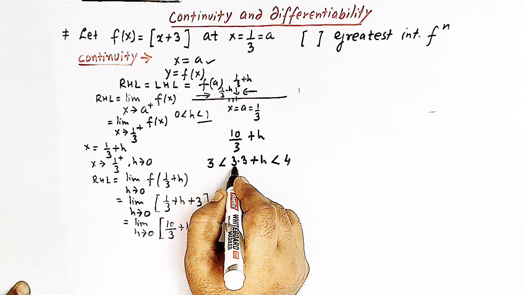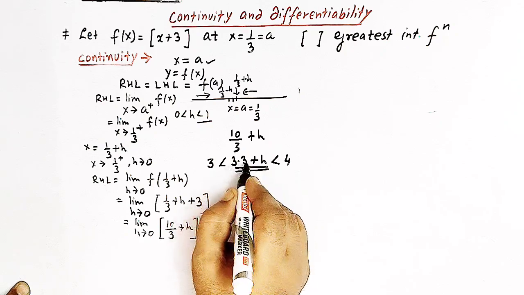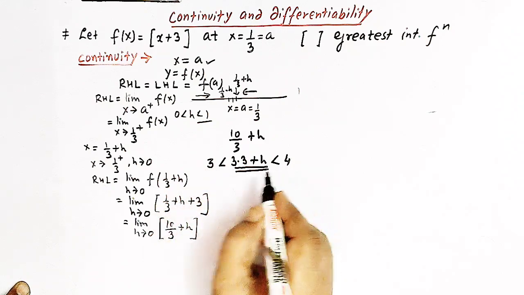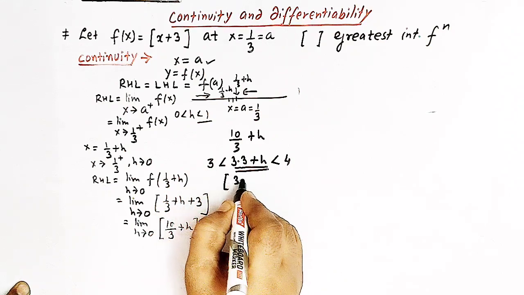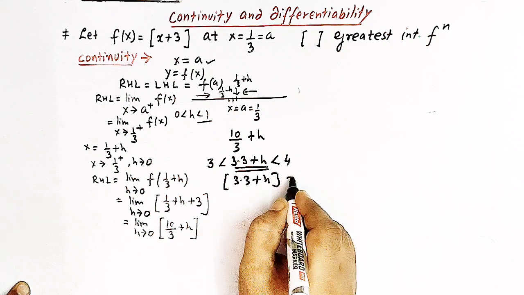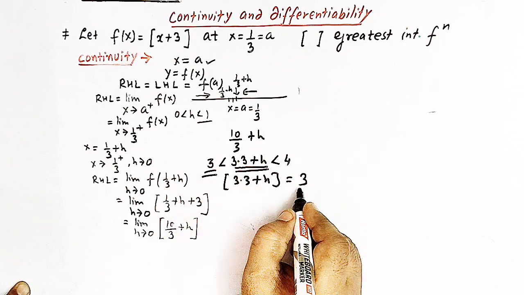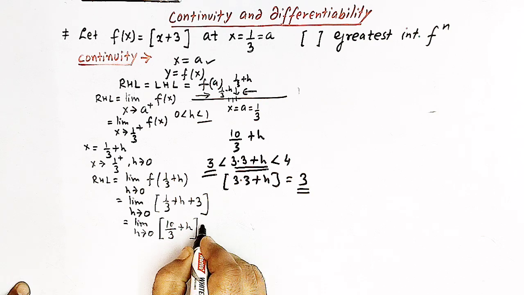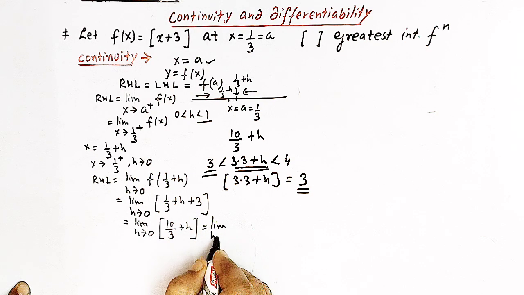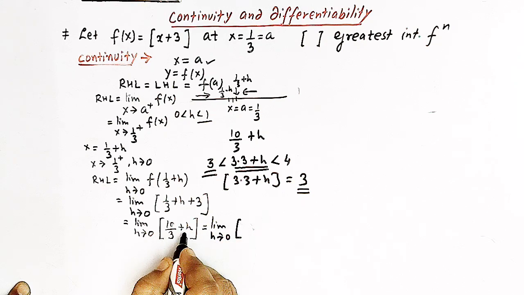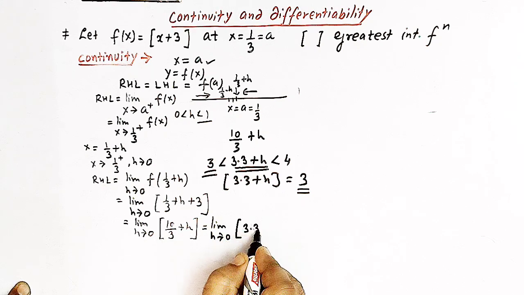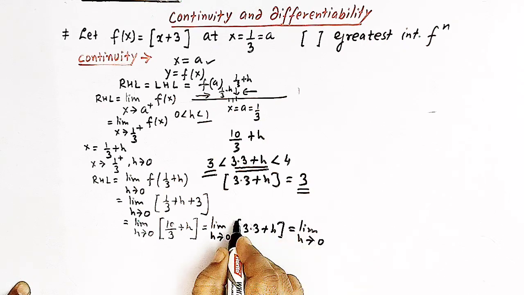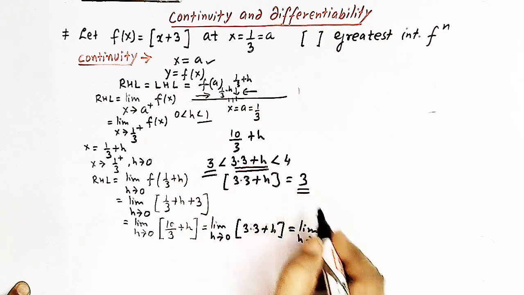In other words, this number lies between 3 and 4. So the greatest integer of 3.3 + h is equal to 3 by the definition of the greatest integer function. So we have limit h tends to 0 of the greatest integer of 10/3 + h, which is 3.3 + h, equal to 3.